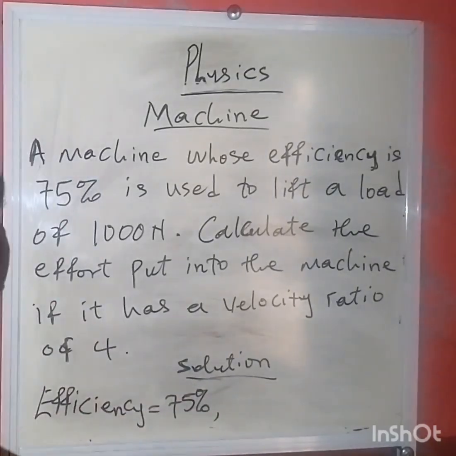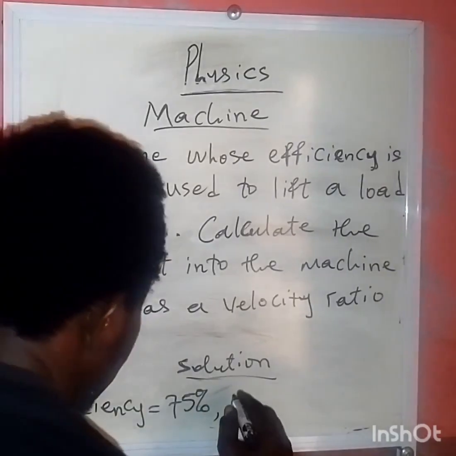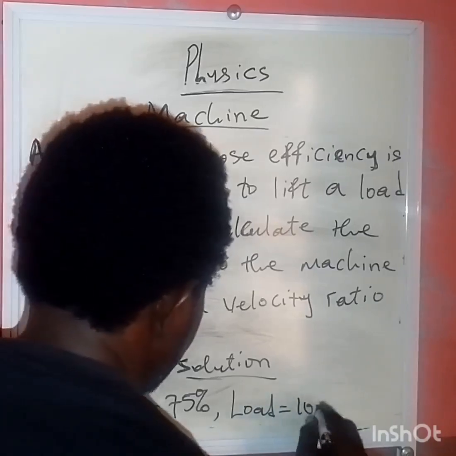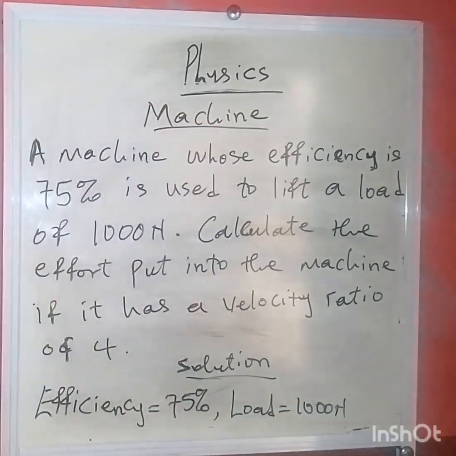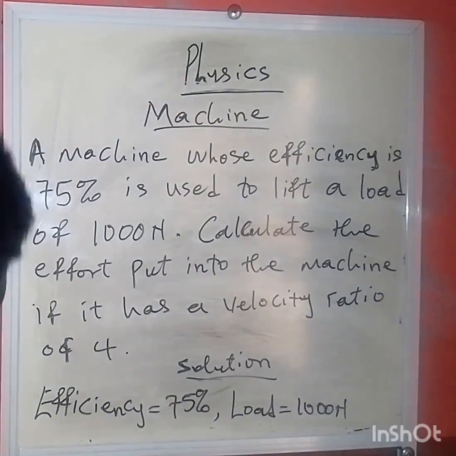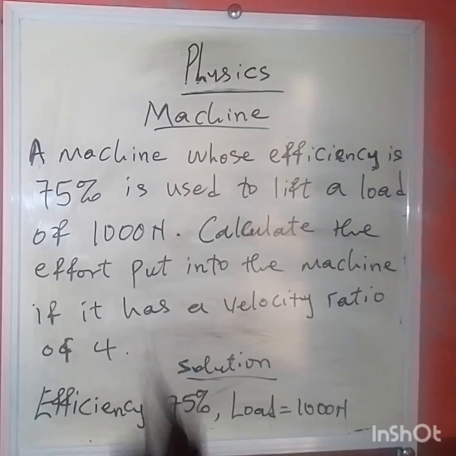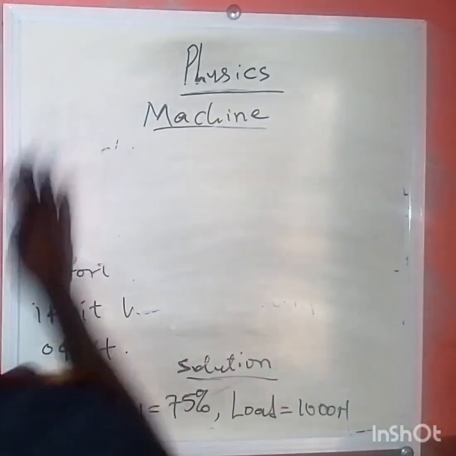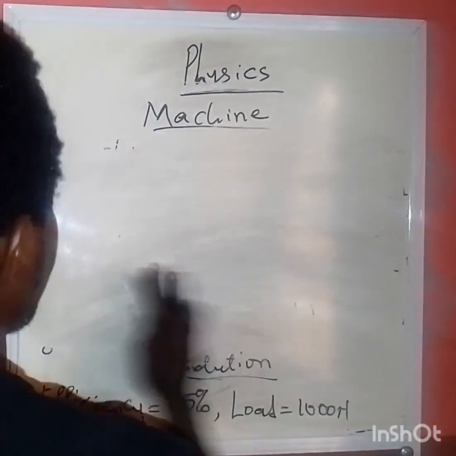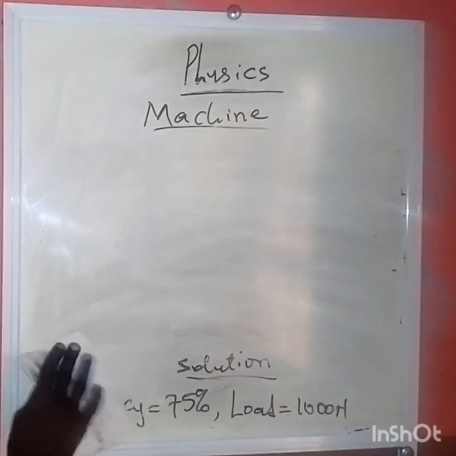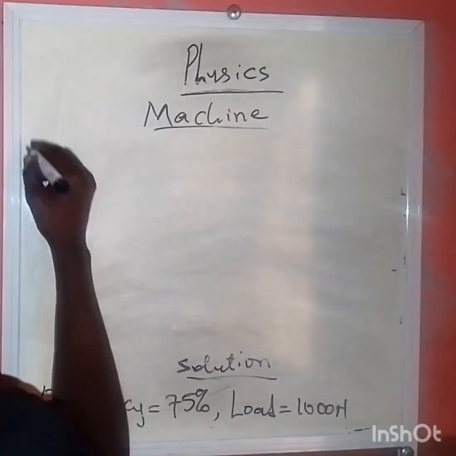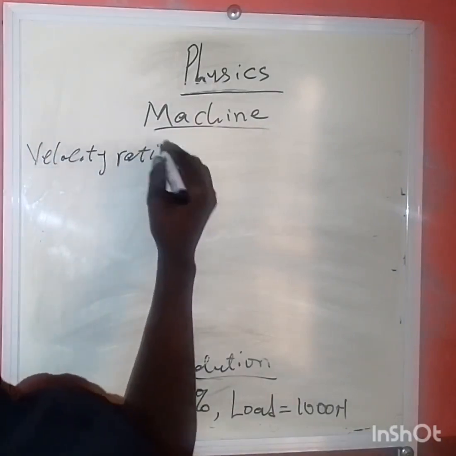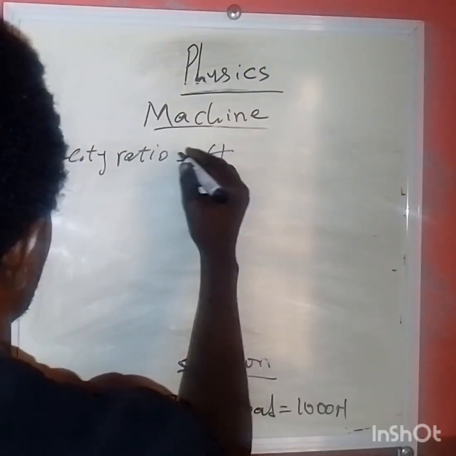We're given load to be 1000 Newton. Another thing we're given is the velocity ratio, to be 4.